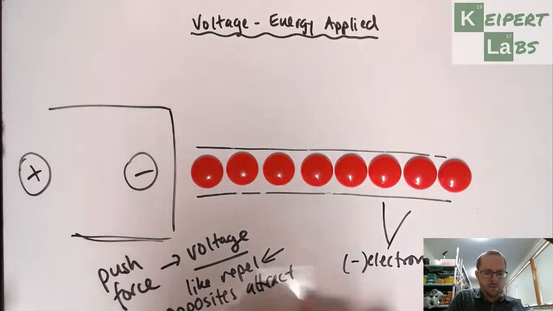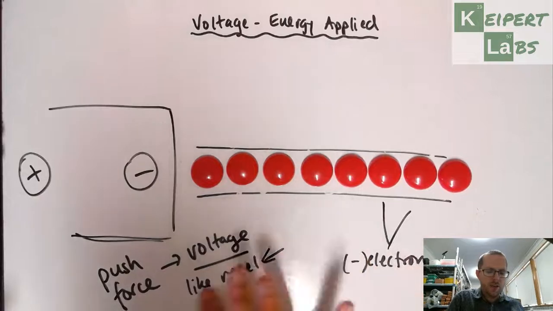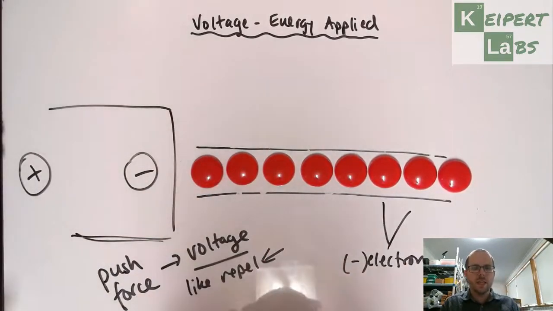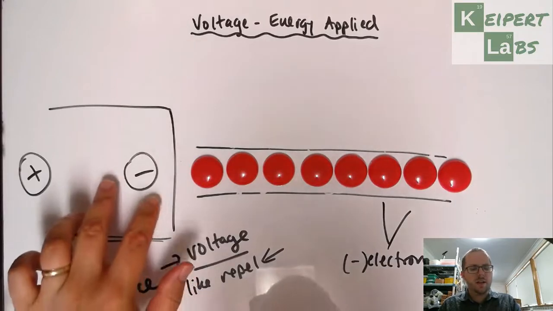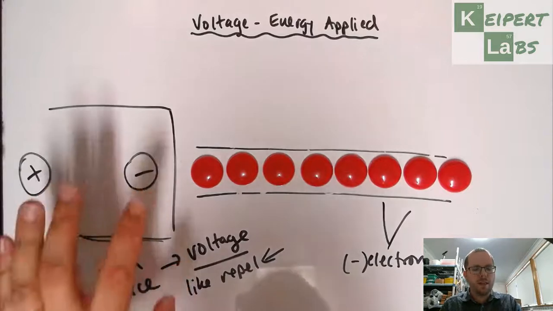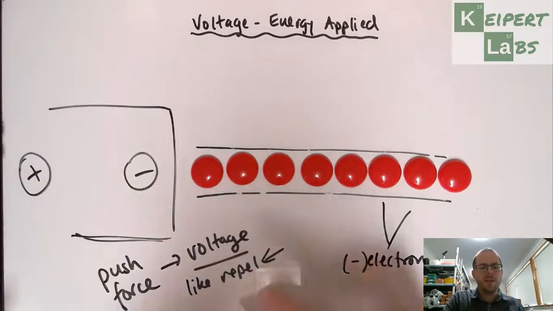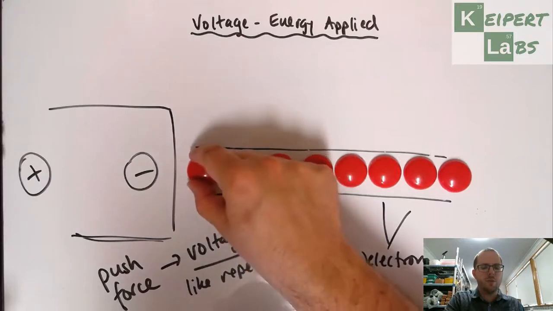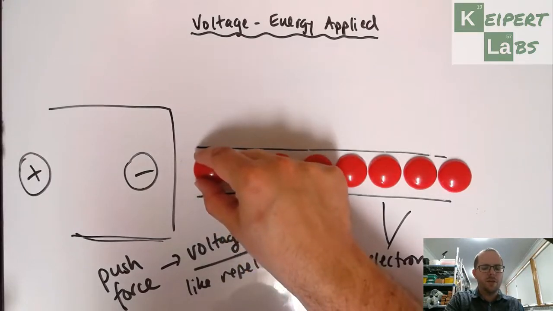These two negative charges next to each other are going to push away from each other. This negative charge over here isn't able to move; it is permanently negatively charged. But this negative charge is able to move, and it will move away from this negative charge here.